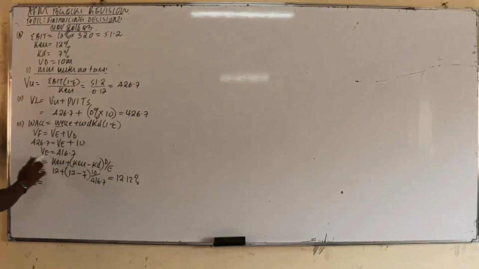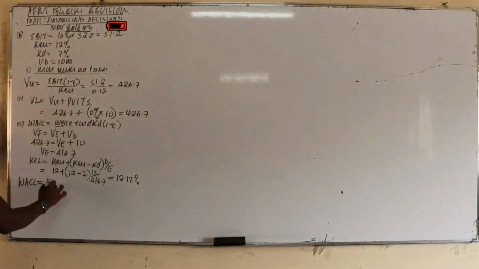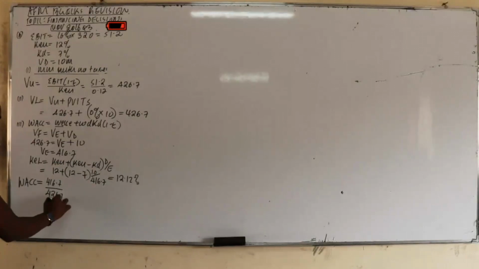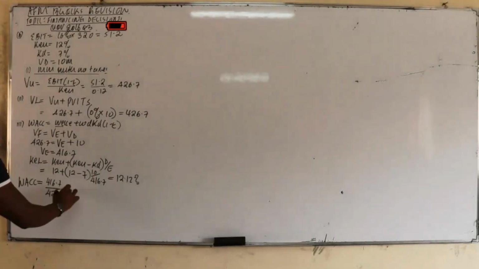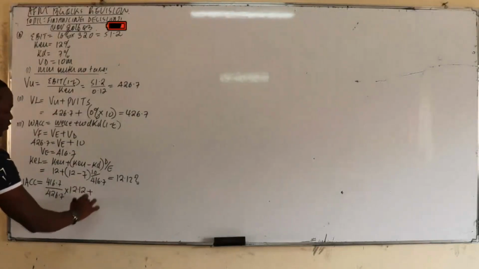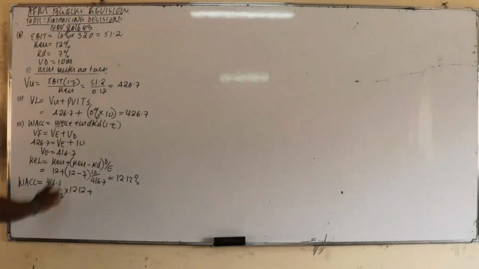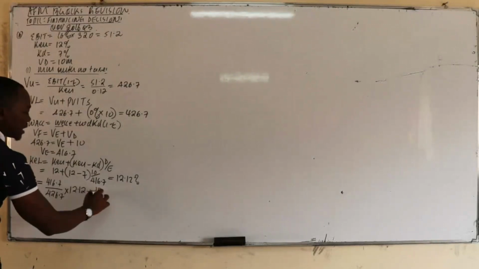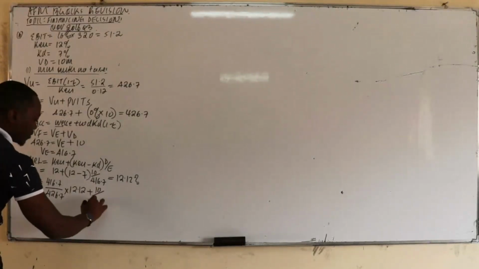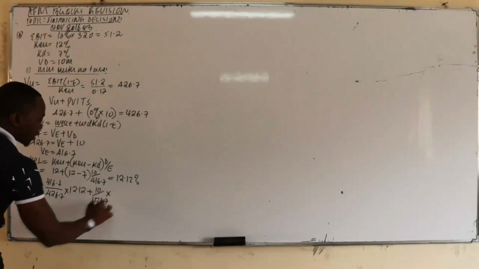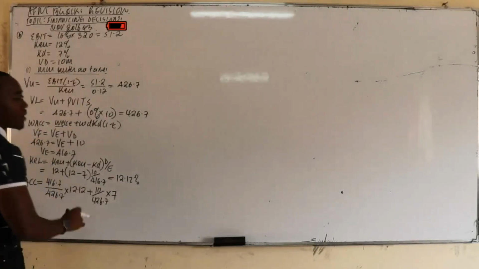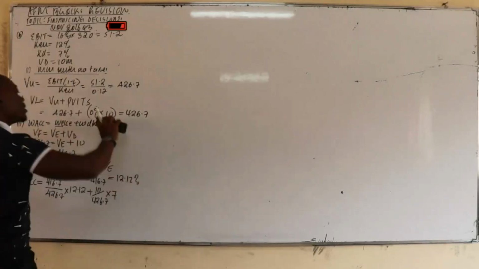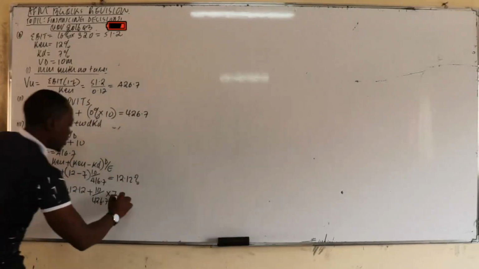Weight of equity, you take the value of the equity, which is 416.7 over the value of the farm, which is 426.7. You get the weight of the equity. You multiply by the cost of equity. The cost of equity of levered farm is 12.12. Weight of the debt, you'll take 10 over the value of the farm, which is 426.7. You multiply by the cost of the debt. The cost of the debt was 1 minus T, but in this case, there is no what? No taxes. Good.